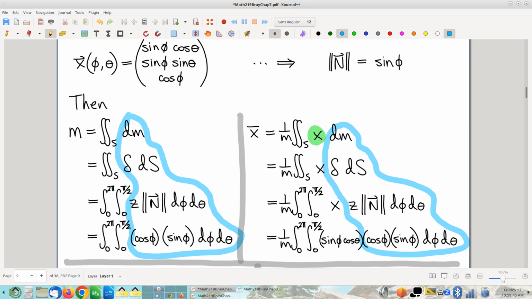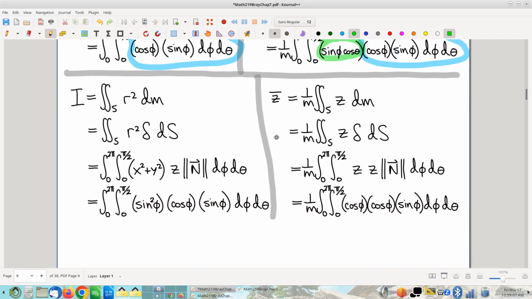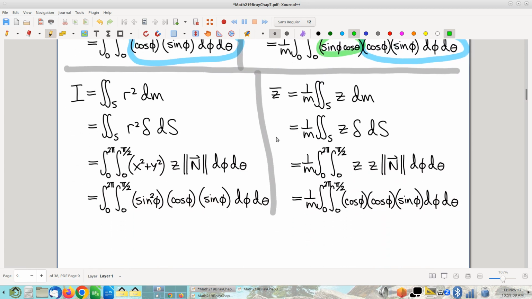The only thing that's different is we have a factor of x, which is sine phi cosine theta per our parameterization. Cool. So likewise, down here, good details to go through and check for yourself. Make sure you're comfortable with everything that happens here. Again, all morally equivalent.